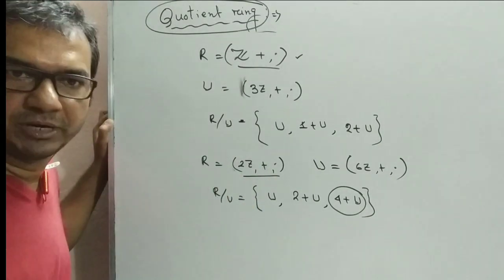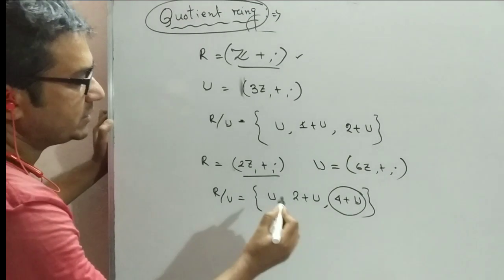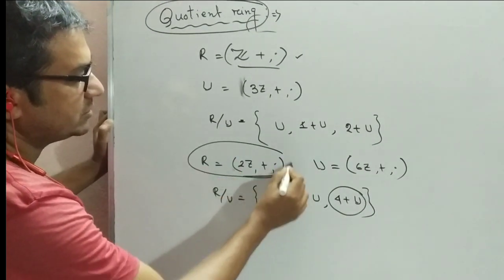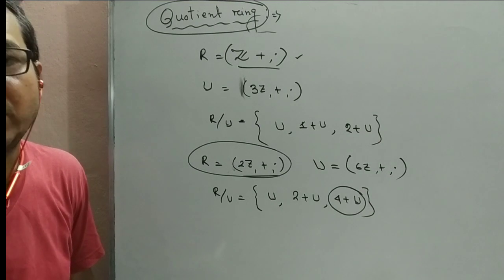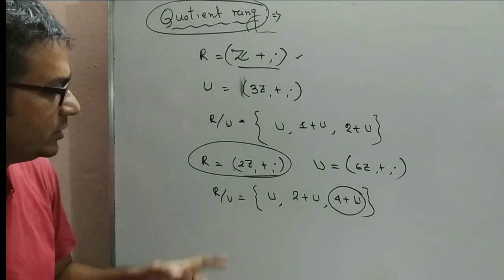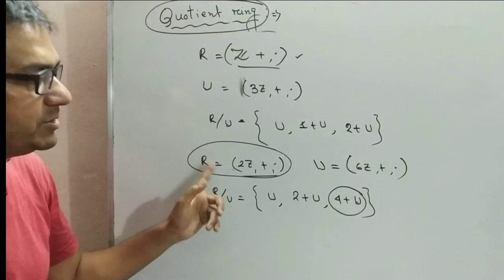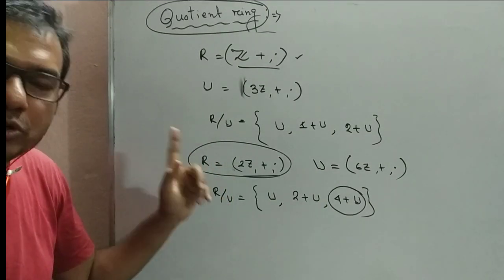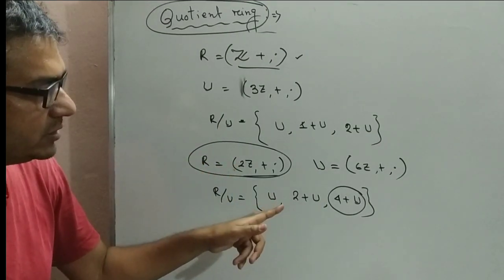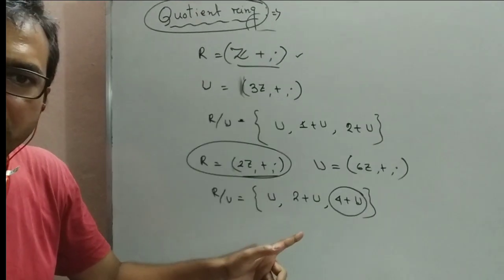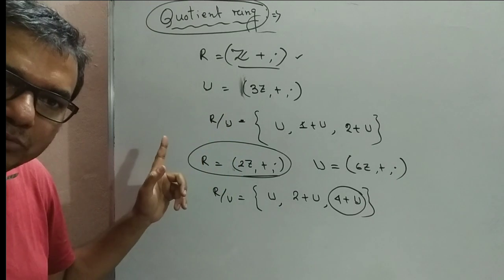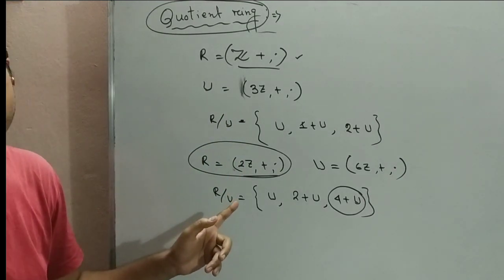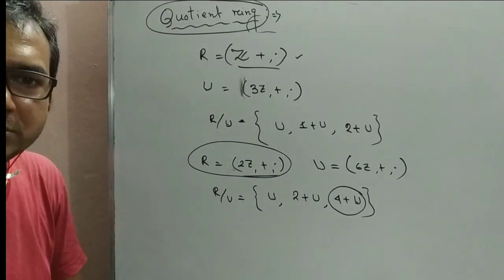But this ring cannot have any unity element. Okay, so we see that if the ring does not contain unity, then maybe the quotient ring contains unity. But if the mother ring contains unity, then we always say that the quotient ring must contain unity.